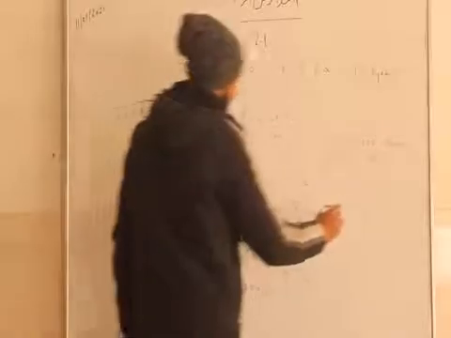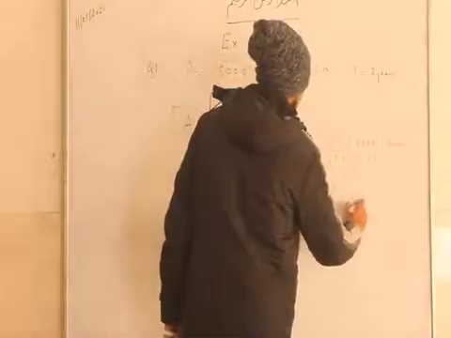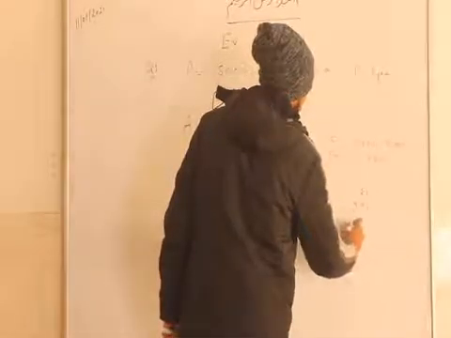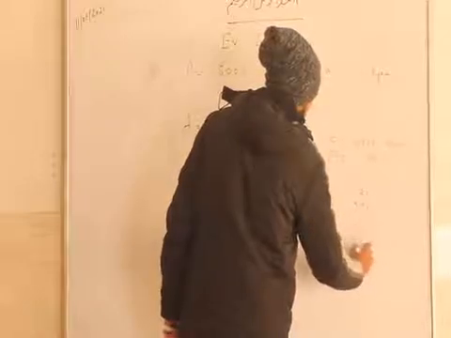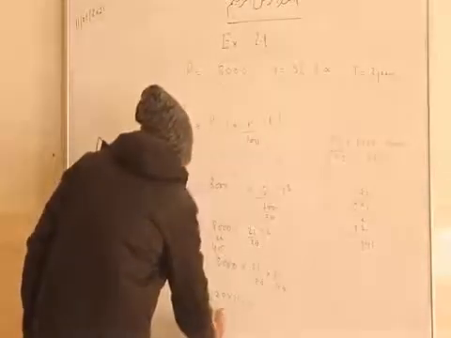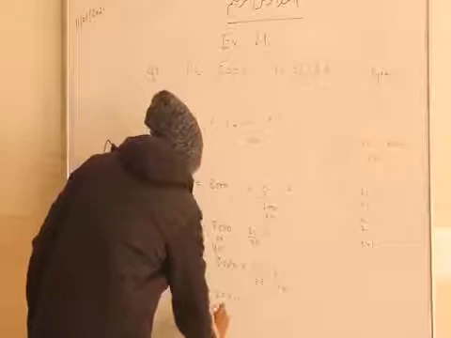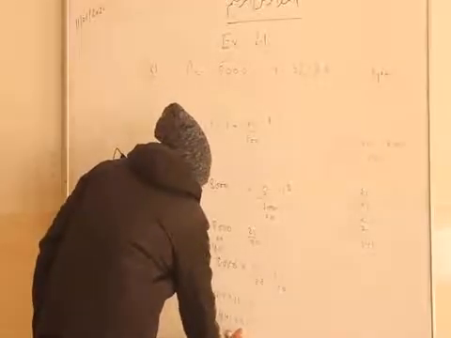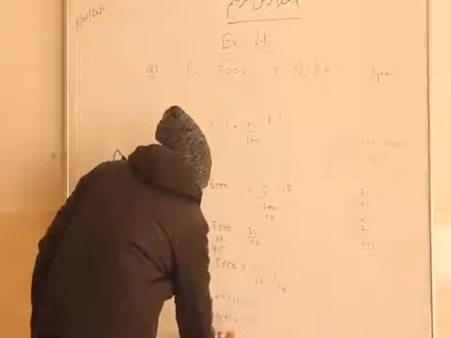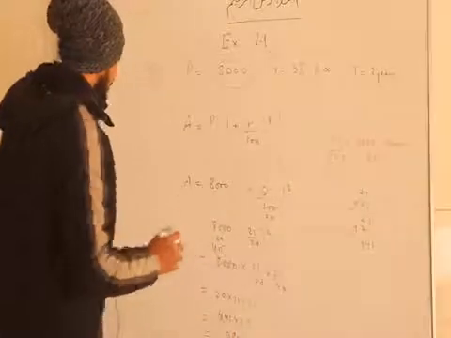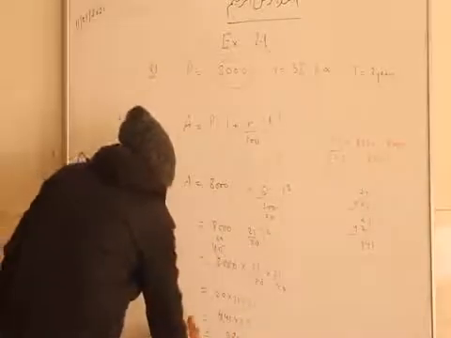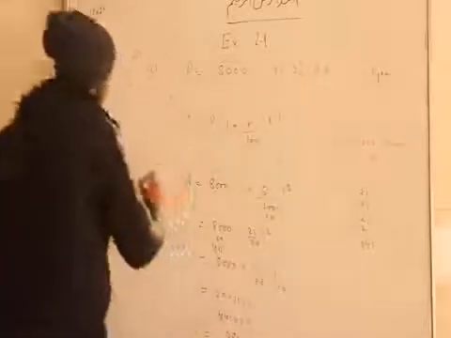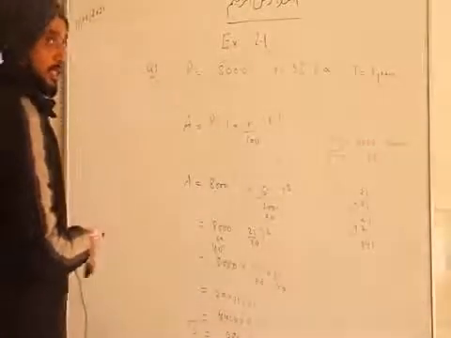We calculate this here: 21 into 21 is 441. Then 441 into 20 is 8820. Directly we are getting this amount by using this formula.